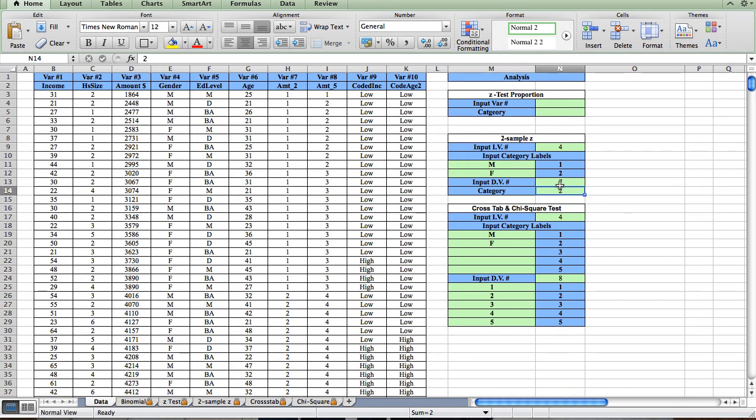So p hat 1 would be x over n. The number x would be the number of men who spent in category 2 out of n, the total number of men. P hat 2 would be the same for women, the number of category 2 spenders out of the total number of women.